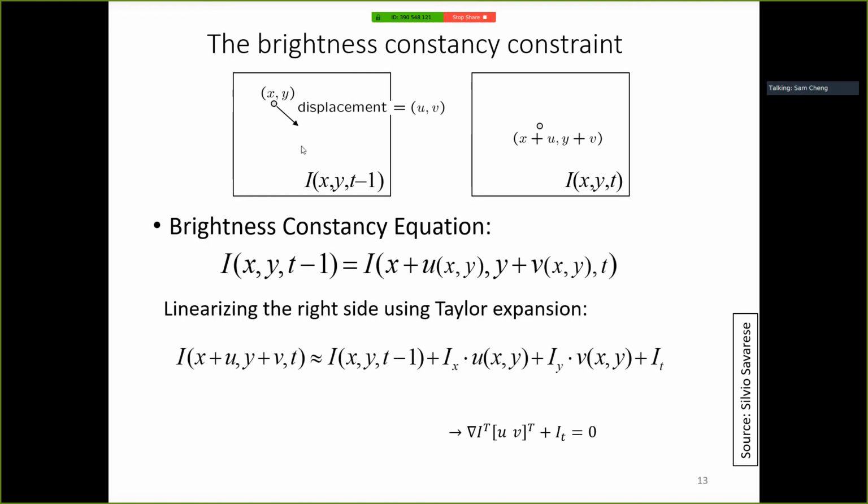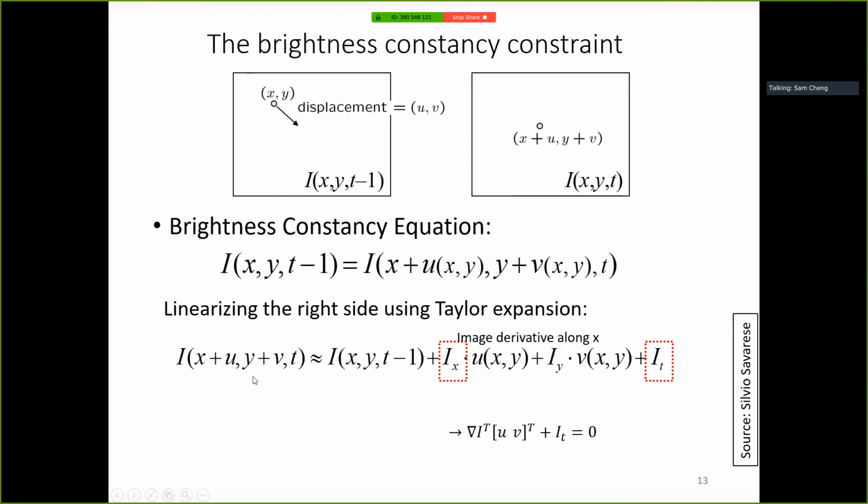So with that, I can do a Taylor series expansion, right? So this one I can expand this way.